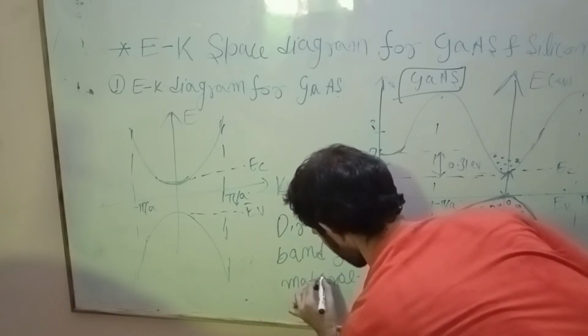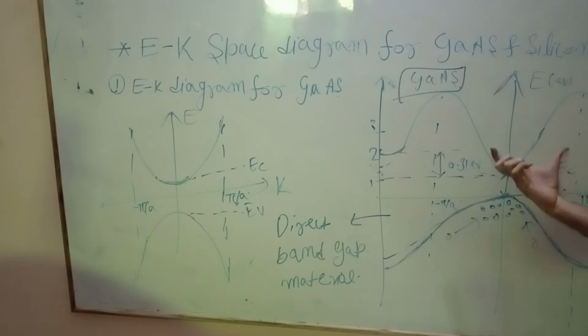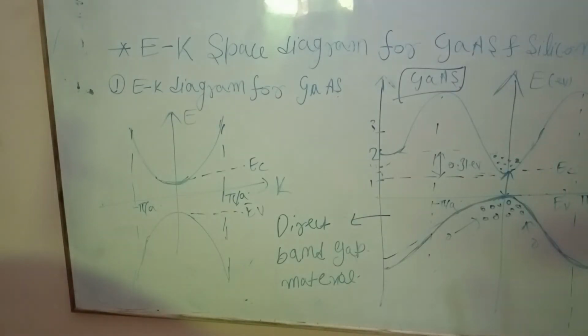Direct nature means that the minimum conduction band energy and the maximum valence band energy occur for the same value of K. Such a material is known as a direct band gap material.